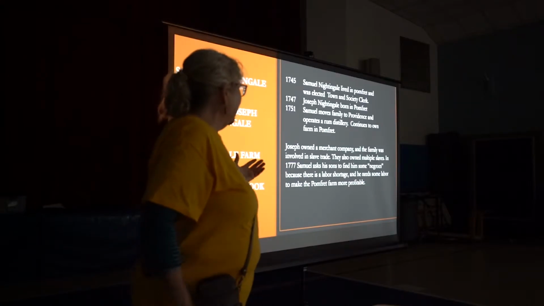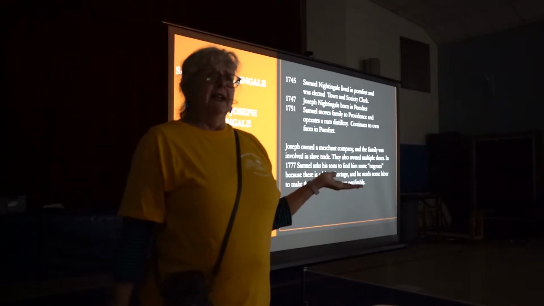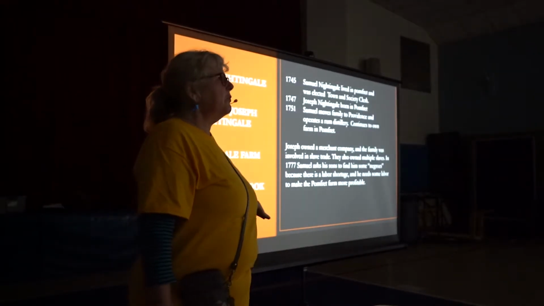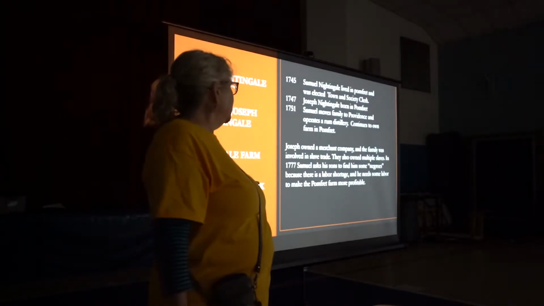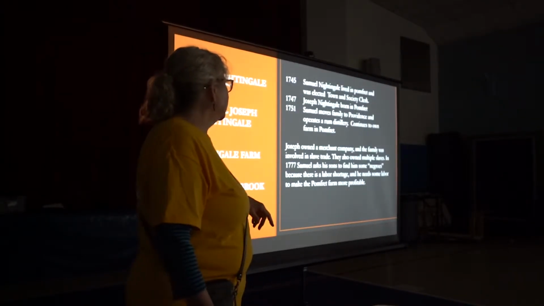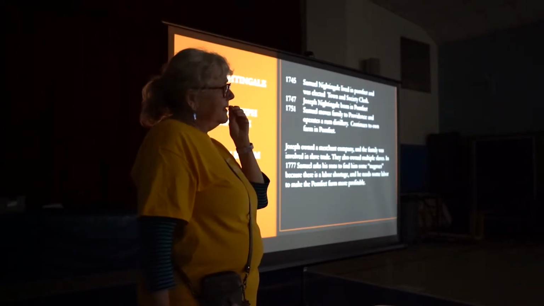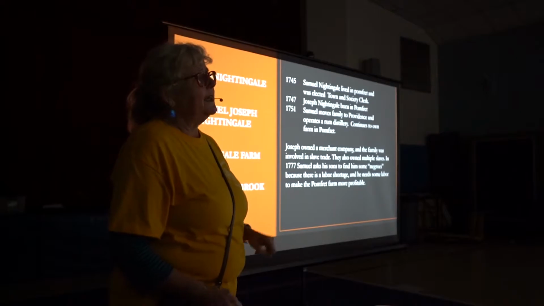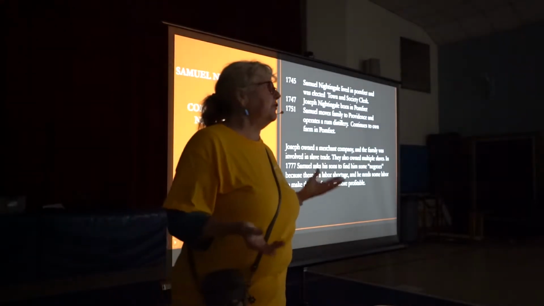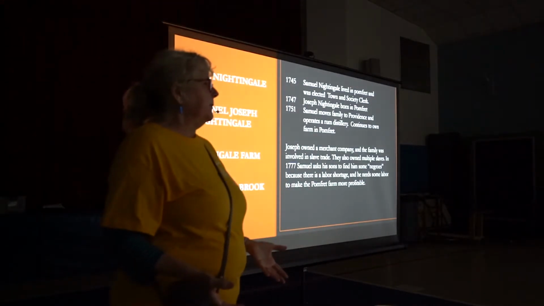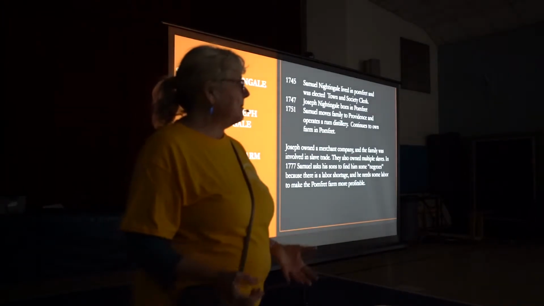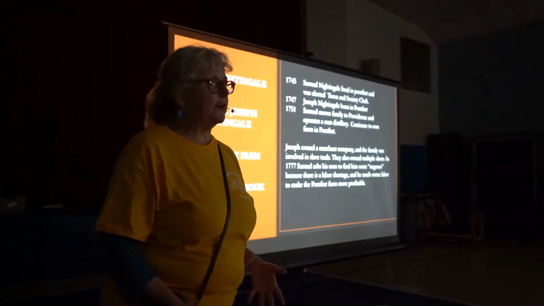So in 1777, there's a neat little letter from Samuel to his sons, and he's asking them to find him some Negroes. And the reason why he wants to get some free enslaved labor is because he can't find any labor. He wants to make his farm in Pomfret more profitable.